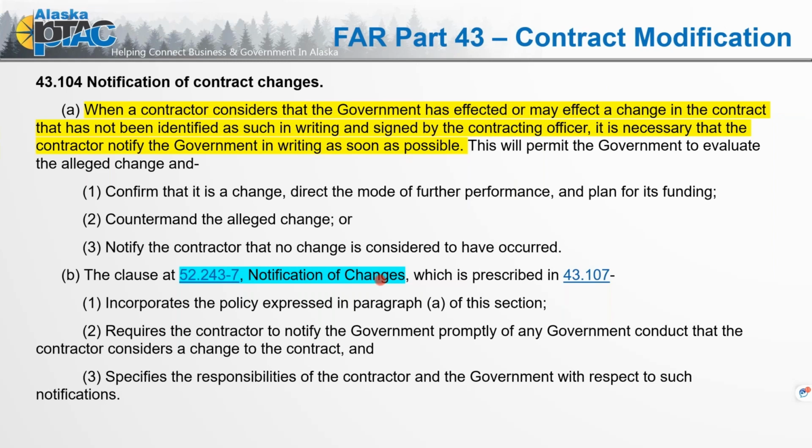So that clause gives the contractor a reason, a process and a channel for how to negotiate and how to reach out to the contracting officer, because the language is there. It's there to protect both parties. And it also says, hey, you have to give the government notification. You've got to let the contracting officer know.